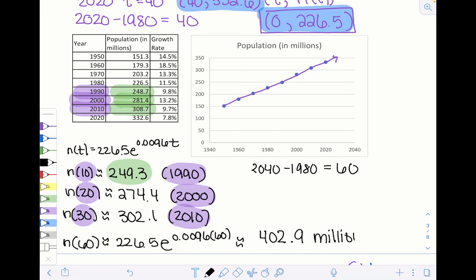Remembering the units would be millions in this case, this would be our approximation.